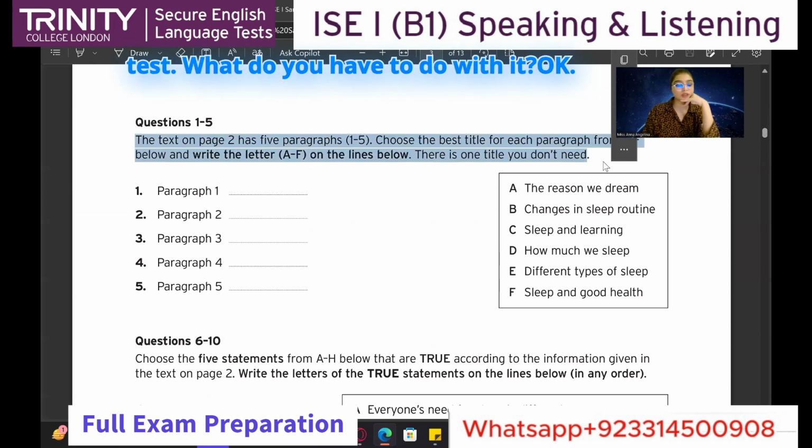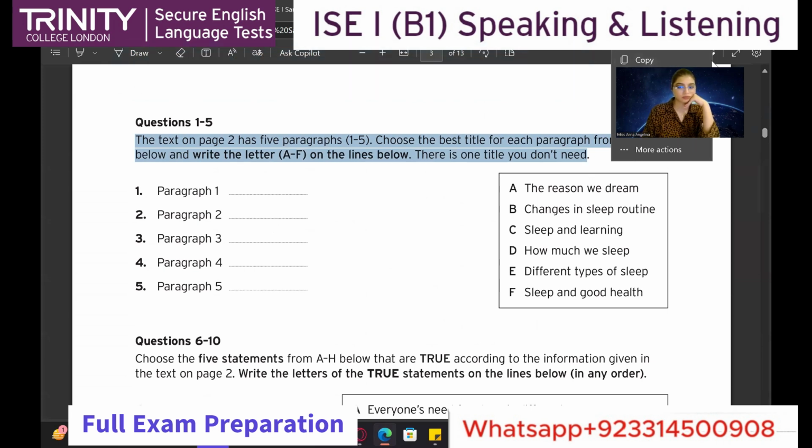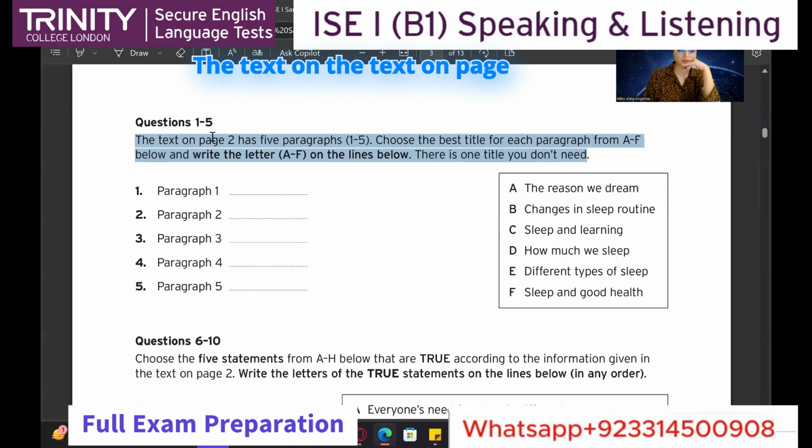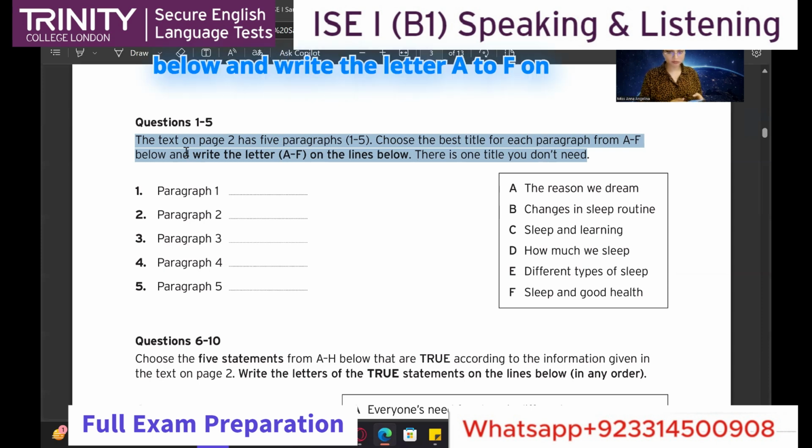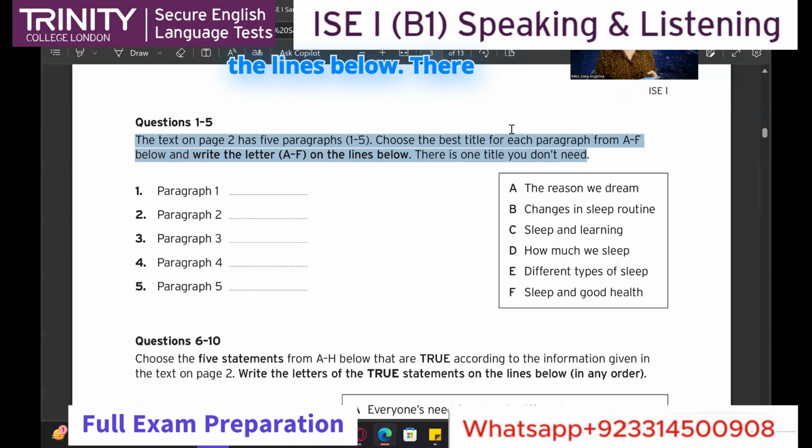What do you have to do with it? Read. The text on page 2 has 5 paragraphs, 1 to 5. Choose the best title for each paragraph from A to F and write the letter on the lines below.